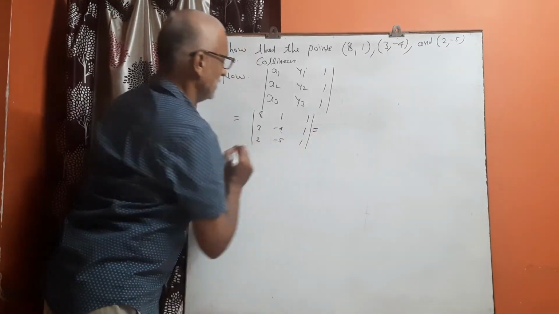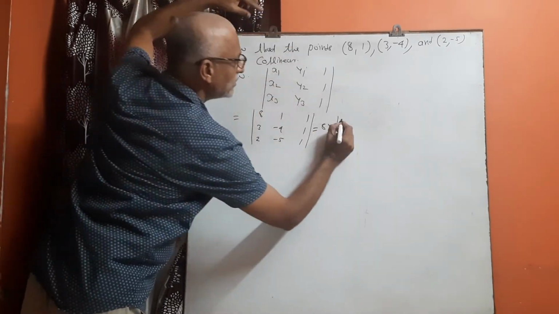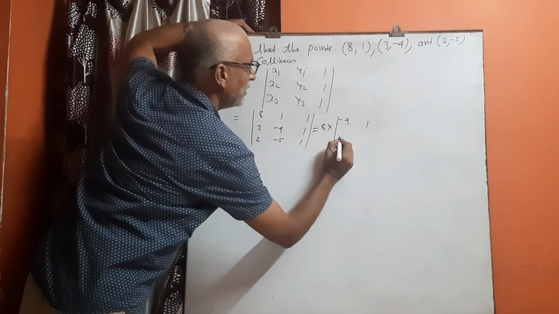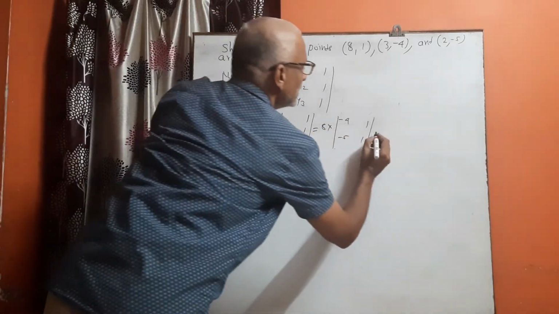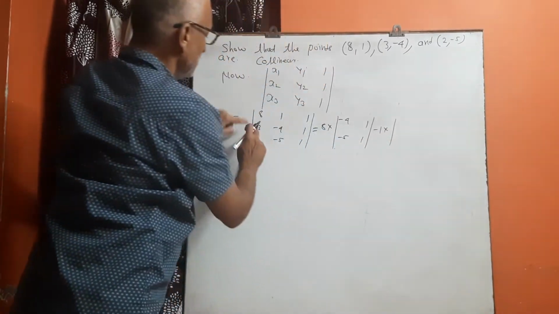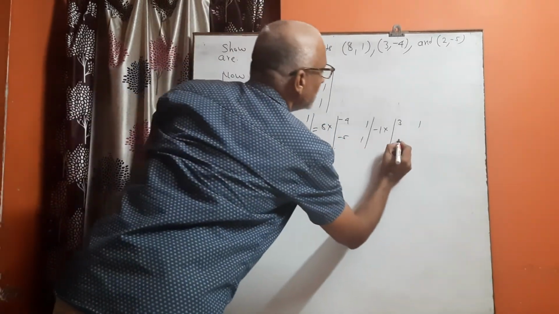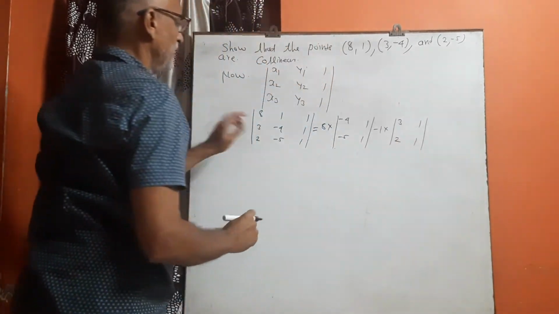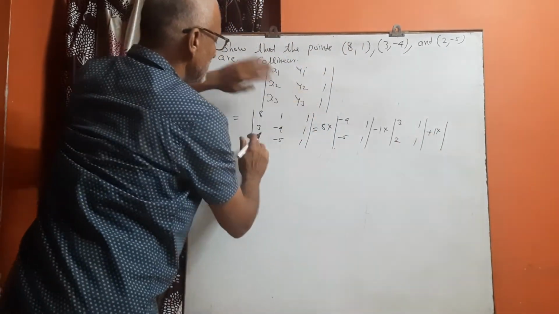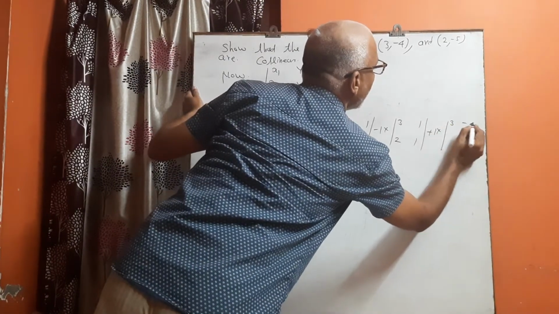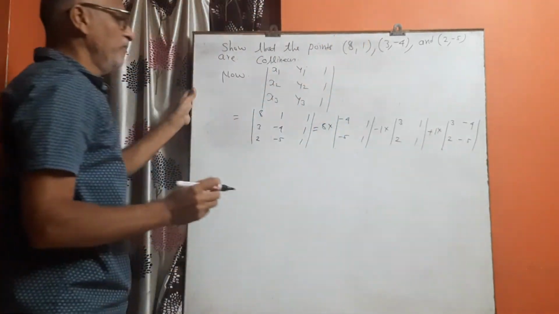This is equal to 8 into the determinant of -4, 1, -5, 1. The second element is 1, so that is minus 1 into the determinant of 3, 1, 2, 1, plus 1 into the determinant of 3, -4, 2, -5.